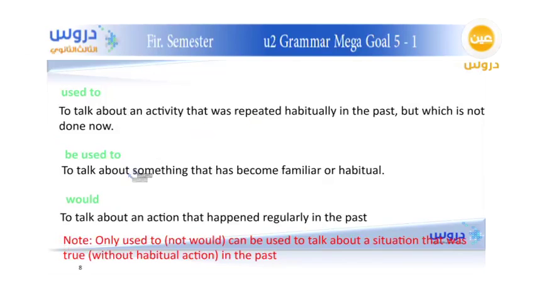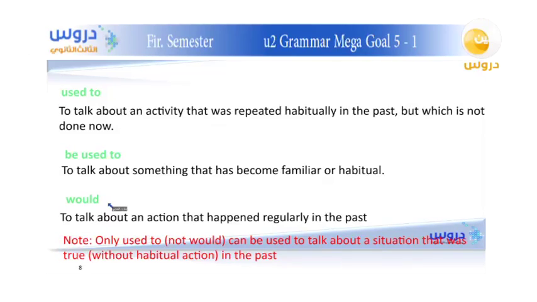And about would, you use would if you want to talk about something that could happen in the past. For example, in the past I would study and be a teacher. I would study and get a master's degree. I would study and get a higher education.